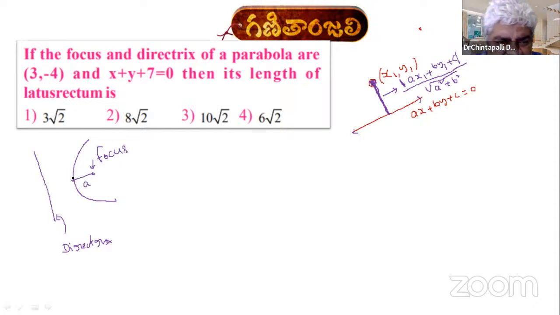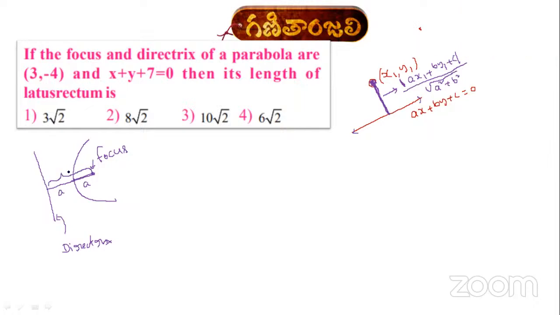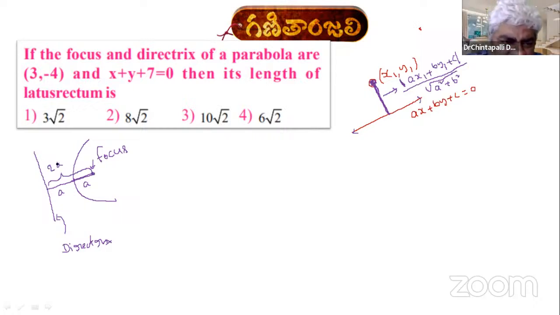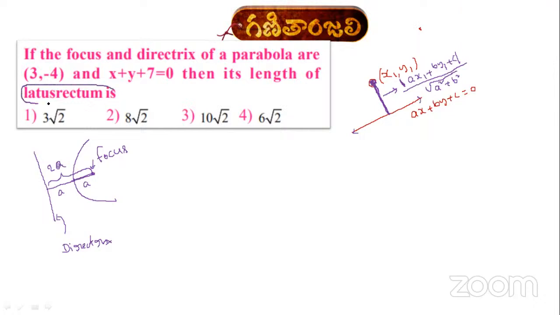What is the distance between the vertex and focus? Small a. This is also small a. Students, please tell what is this distance? 2a, right? This distance is 2a. Students, can you tell what is the length of latus rectum? 4a. We need 4a.